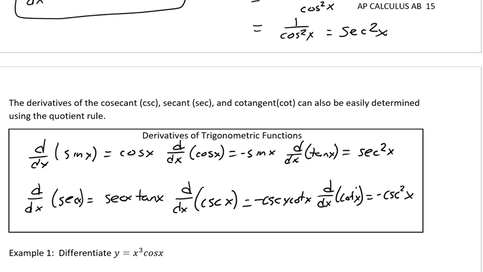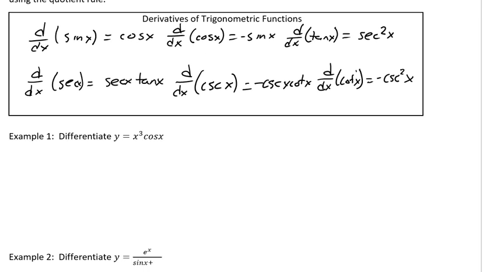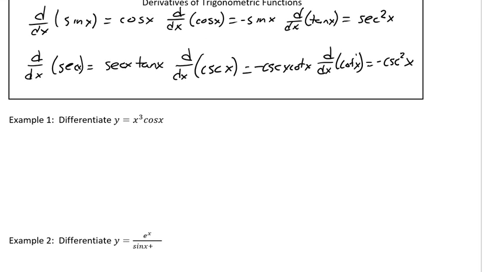Let's do a couple examples here. Differentiate y equals x cubed cosine of x. Well, we see right away this is a product rule. We have two functions, so it would be the first times the derivative of the second plus the second times the derivative of the first, which would be x cubed times the derivative of cosine plus the cosine times the derivative of x cubed.